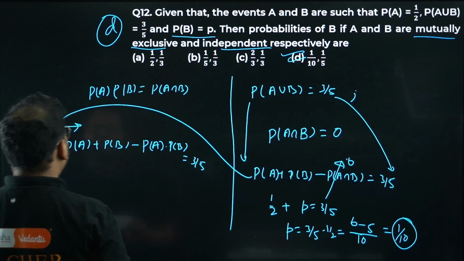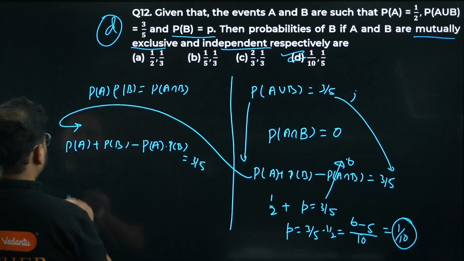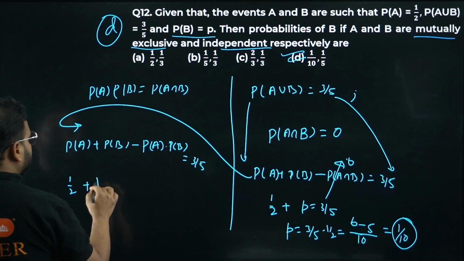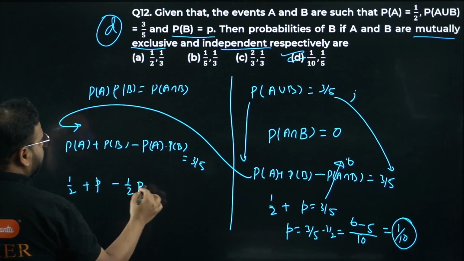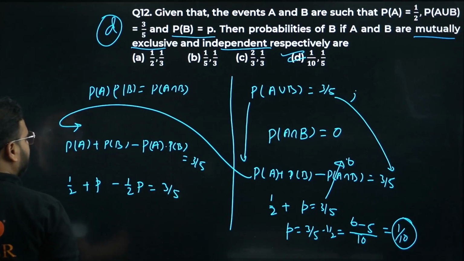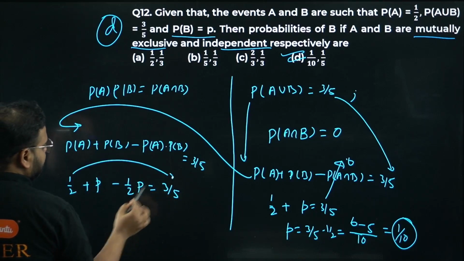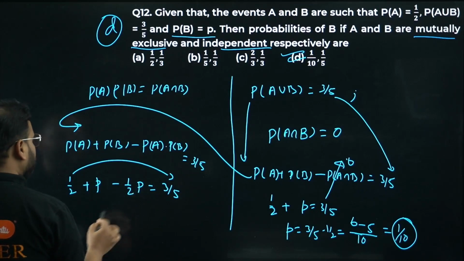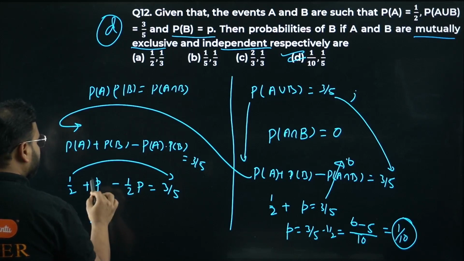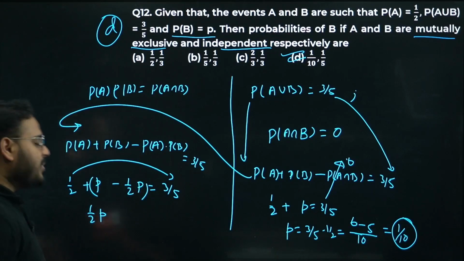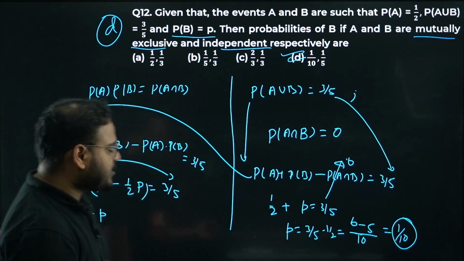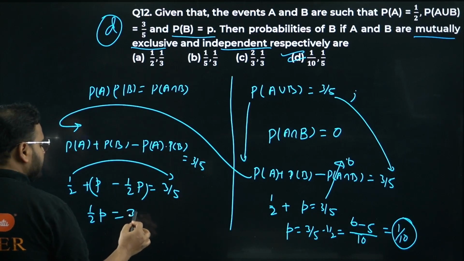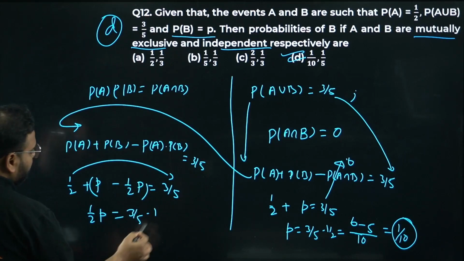Okay, so we have the values now. We have 1 by 2 for this. This is P, and this is again 1 by 2 times P. 3 by 5 I have. Please check, I can move this 1 by 2 on this side. I get the same thing. P minus 1 by 2 P is nothing but 1 by 2 P. From these two we get what? P minus half of P is how much, sir? Half of P. So 1 by 2 P for this case. 3 by 5 minus what I have? 1 by 2.